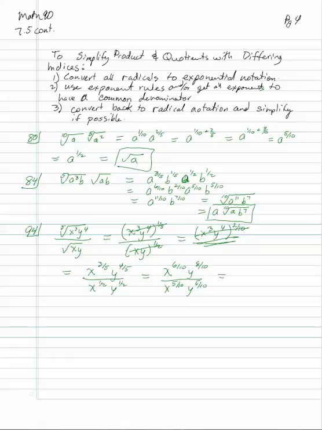Use my exponent rule. 6/10 minus 5/10 is 1/10. 8/10 minus 5/10 is 3/10. And since they both have the tenth as the denominator, I can make it the index, 10th root of x to the 1st, y to the 3rd. And that's my final solution there.